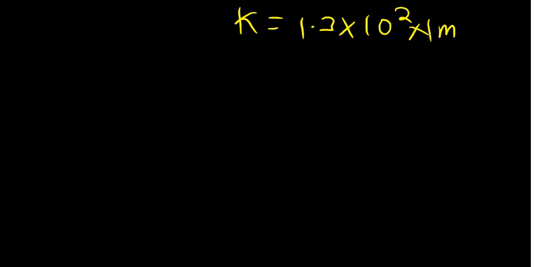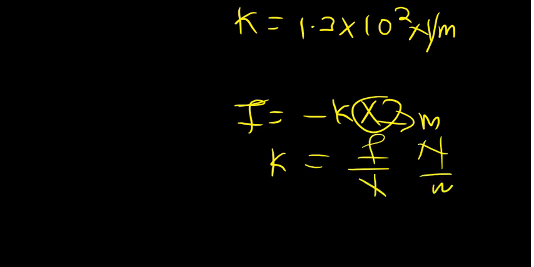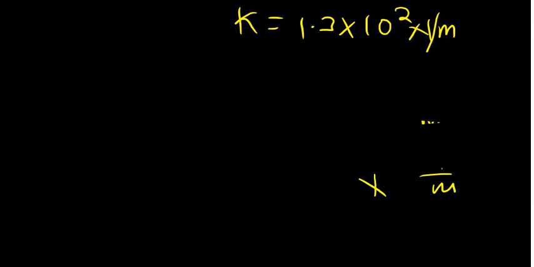You can use dimensional analysis to check that it is indeed Newton per meter. Because x is in meters and force is in Newton, if you divide both sides by x, you discover that you have Newton per meter. Okay? Now that is the spring constant.